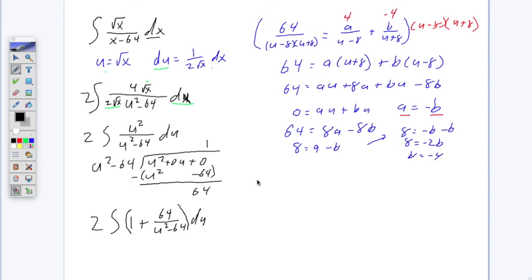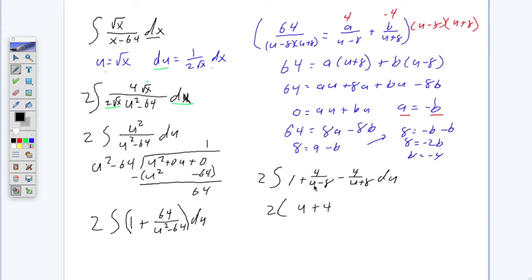So now I'm going to rewrite the integral: 2 times the integral of 1 plus 4 over u minus 8 minus 4 over u plus 8 du. Now, we can take the integral of 1, which is going to be u.